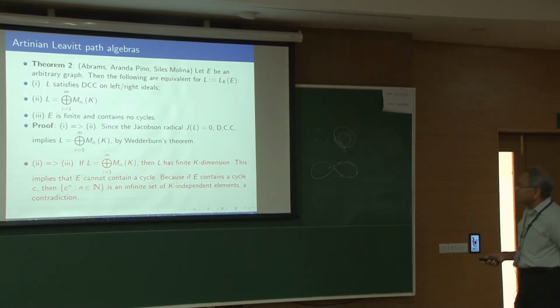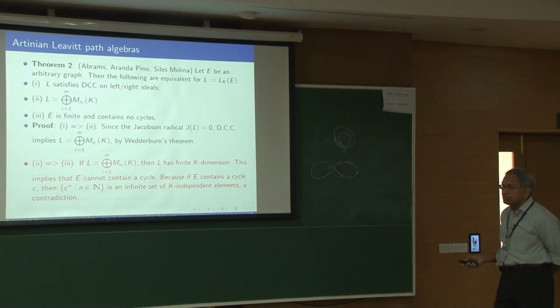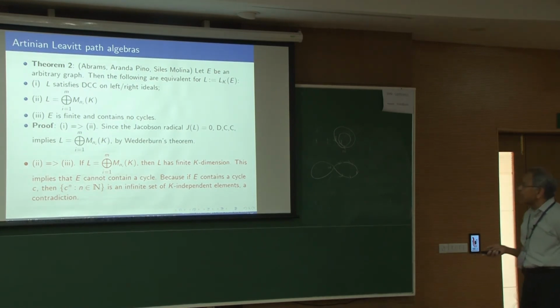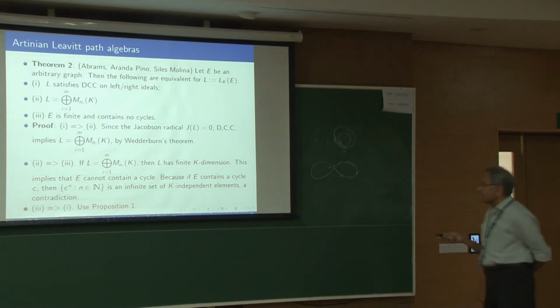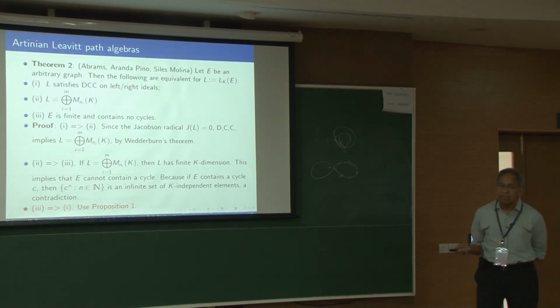This would imply that the graph cannot contain a cycle, because if it contains a cycle, then if you look at the various integral powers of the cycle C, they form a k-independent set of elements, so the k dimension of L would be infinite, contrary to the fact that L has finite k dimension there. So it has to be a finite graph and no cycles. And then 3 implies 1 comes out from the previous proposition that we noted here. So pretty easy, you can dismiss this immediately.